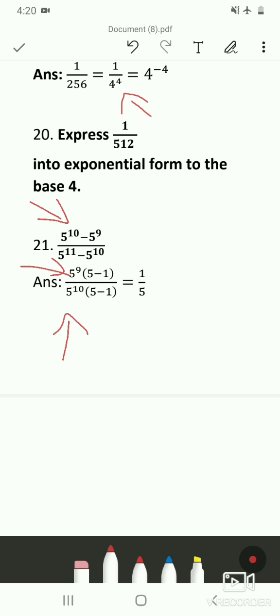Similarly in the denominator we can take 5 raised to 10 as common, so you will be remaining with 5 raised to 10 into (5 minus 1). So the (5 minus 1) terms get cancelled, and 5 raised to 9 in the numerator and 5 raised to 10 in the denominator reduce, so you are left with 1 upon 5. Even this is an easy problem.